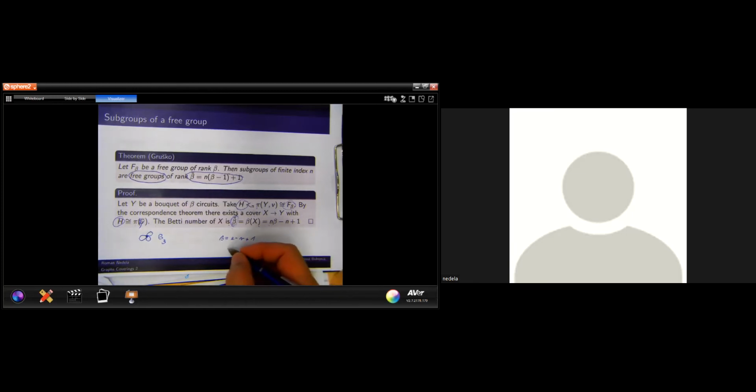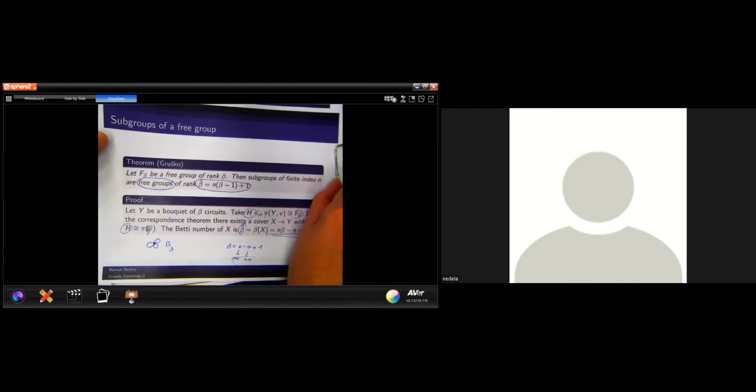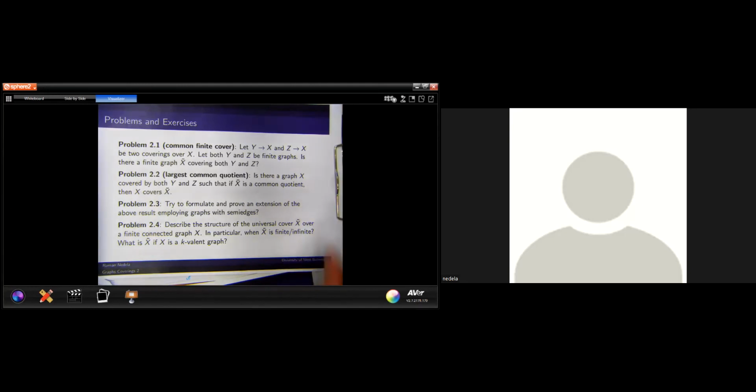And in the cover, this number is n times E, this number is n times V. So from this, we get the result. So it's almost easy. So as a consequence of the correspondence theorem, we are getting the Grushko theorem.